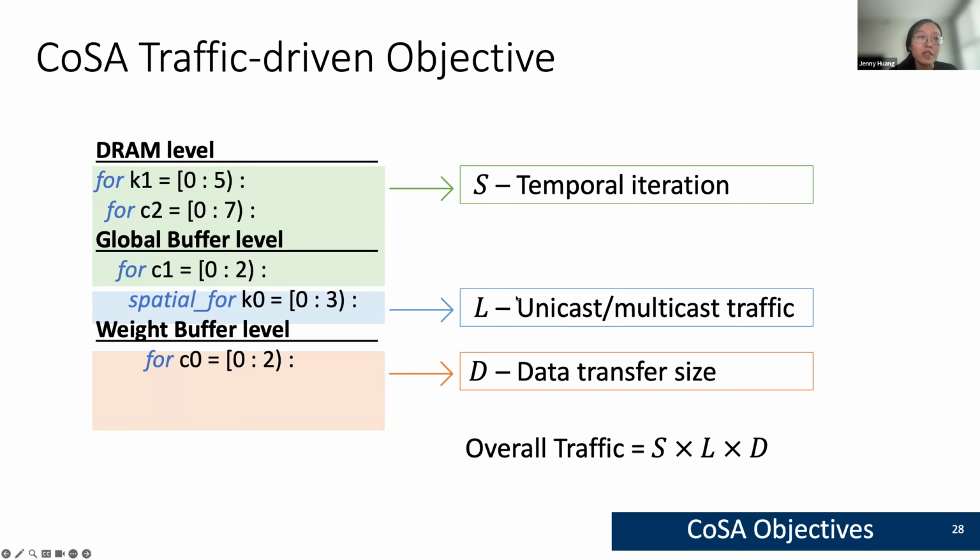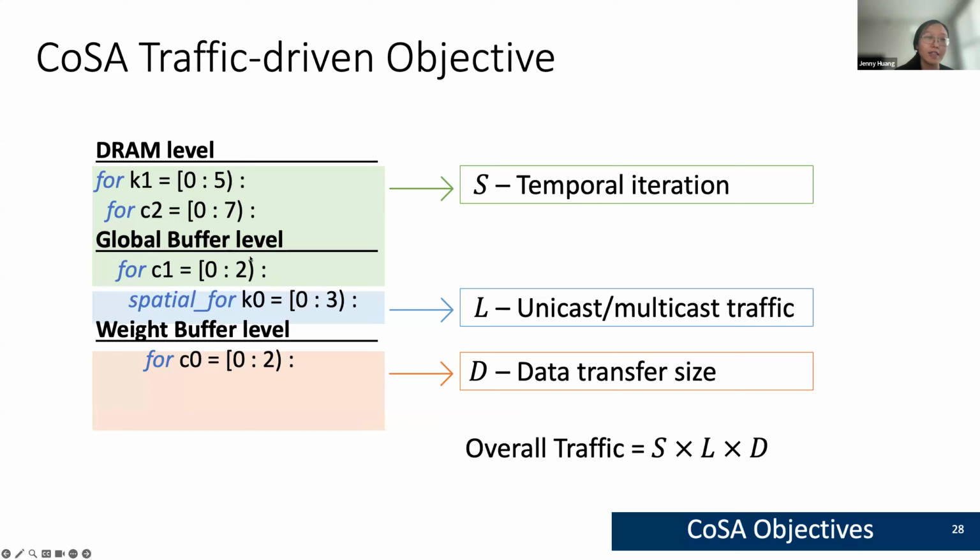The way we determine it is we introduce another binary variable to indicate which ranks are irrelevant dimensions. So the way we determine the outer loop iteration is that, starting from the innermost loop that's outside of my current buffer, I need to see whether this rank is relevant to my tensor.